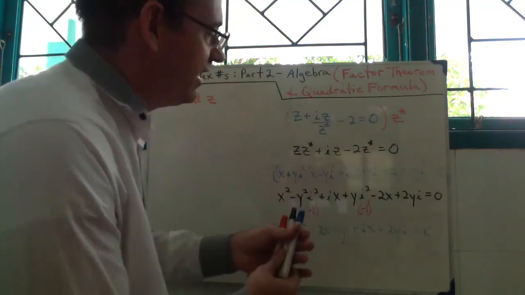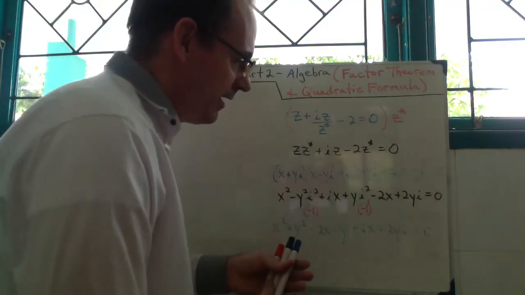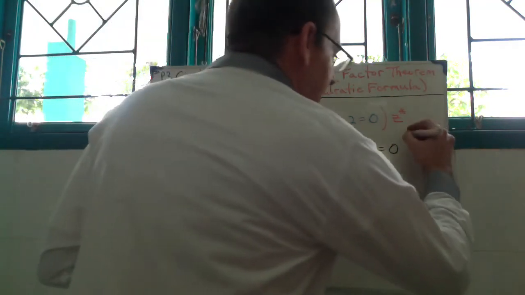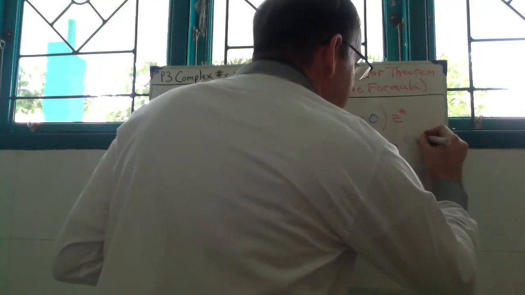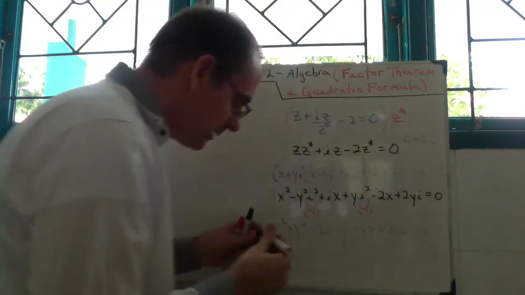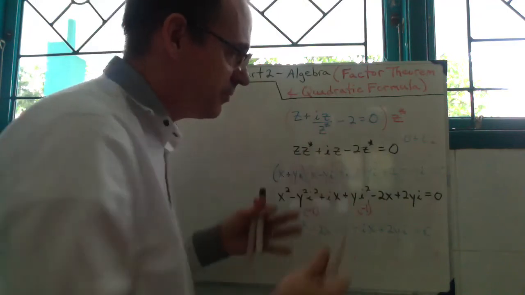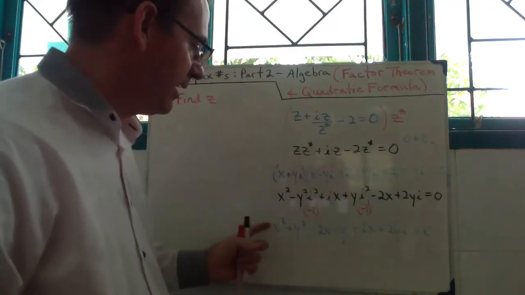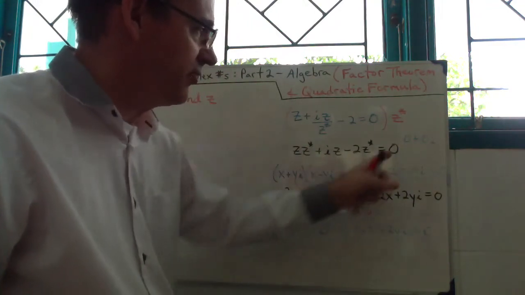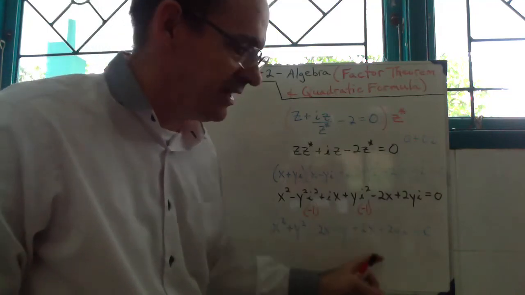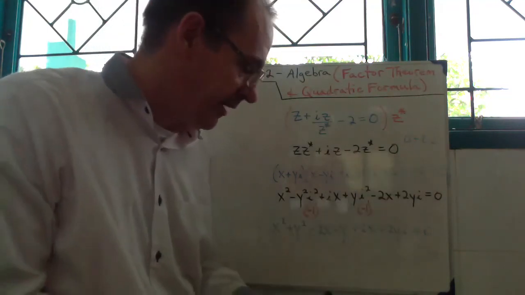So since this equals 0, then technically it's like 0 plus 0i. All of this is supposed to cancel out, meaning all of the reals are supposed to cancel out and all of the imaginaries are supposed to cancel out.